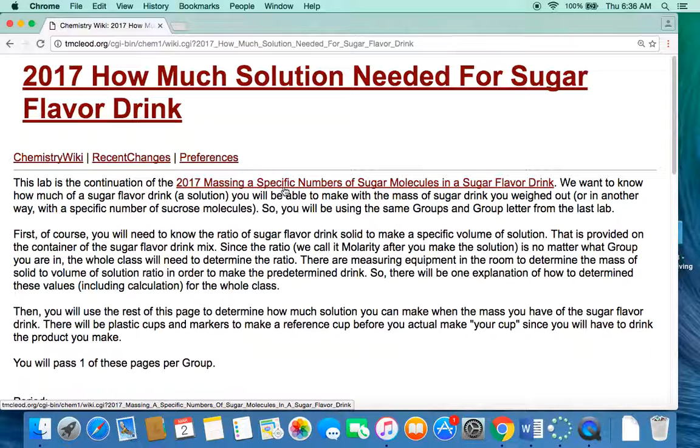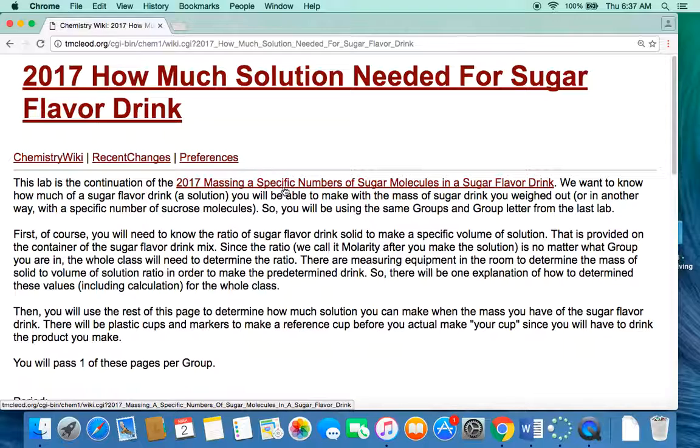So I left out some measuring devices to do that. I think on the side it says 1 1/3 tablespoons, but I don't think I have a third of a tablespoon, so you'll use 1.5 tablespoons. So you need to find the mass of that.